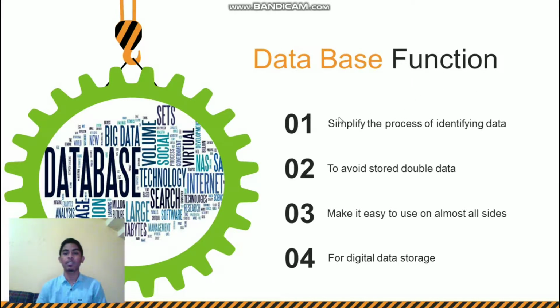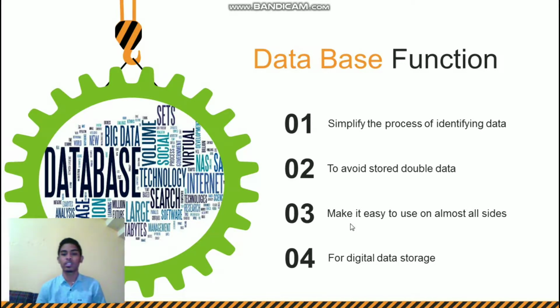And what is the function of database itself? Firstly, simplify the process of identifying data, and the second one is to avoid storing double data, and third one, make it easy to use on almost all sites. For example, you can make new data in database and you can delete it, and also you can update your data.